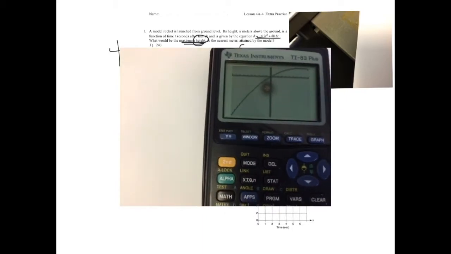Our parabola is opening downwards. So if our parabola is opening down, we know it's going to be a maximum. Now it says to explain, and all you're going to say is because the parabola opens down.